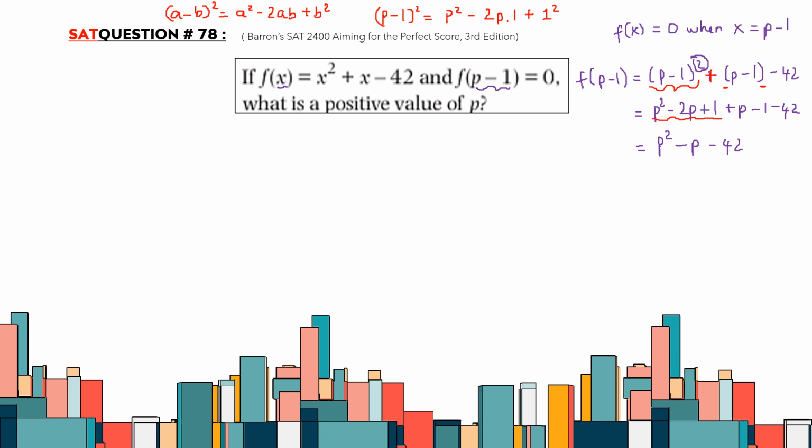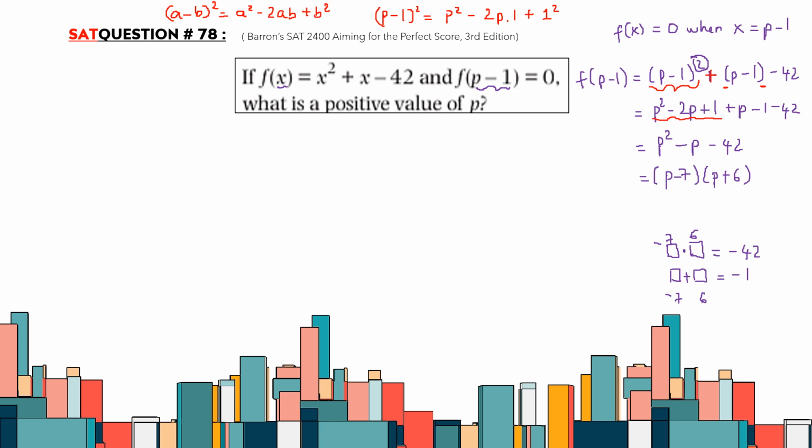So we find two numbers that multiply to negative 42 and add up to negative 1. We're thinking about two close numbers because the difference is only 1, so we have negative 7 and 6. So this one will be p minus 7 times p plus 6.